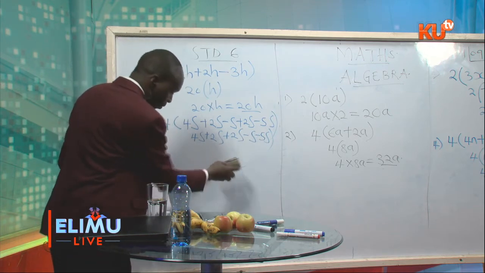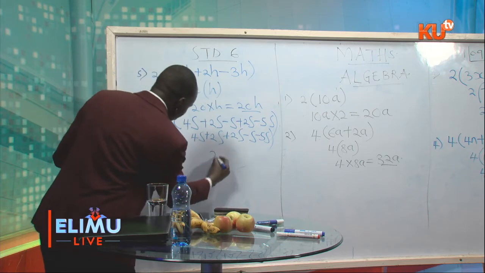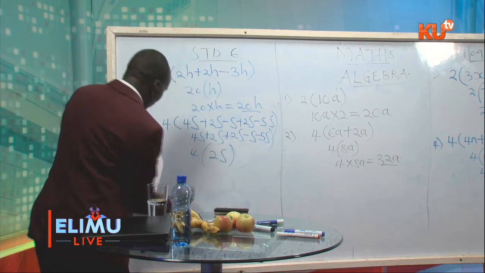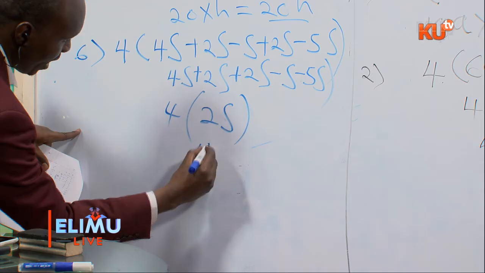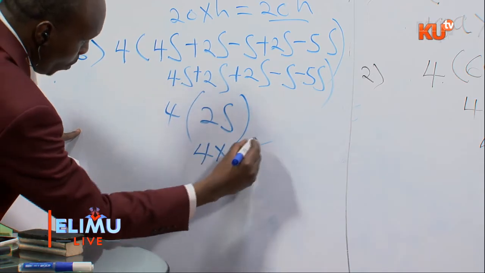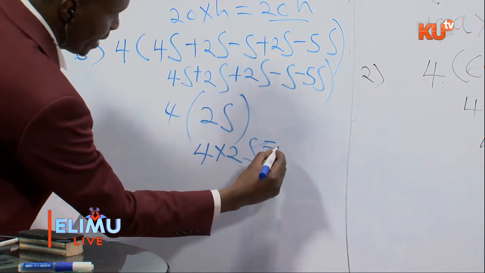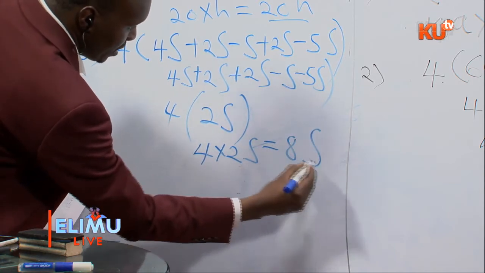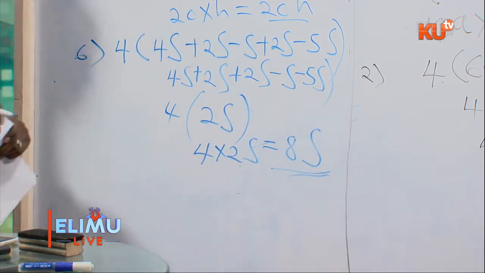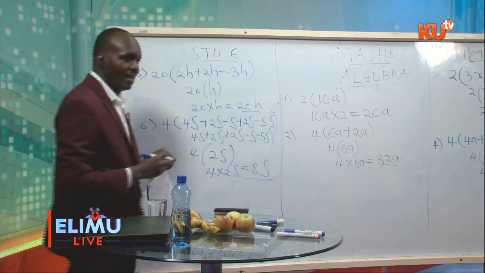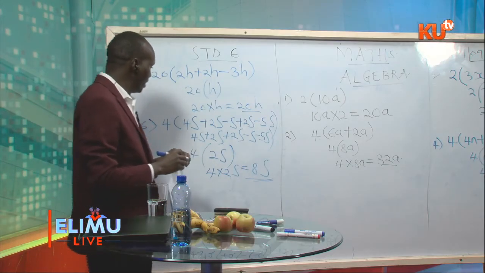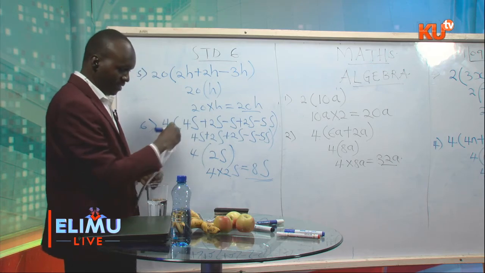So we get 2s, close the brackets, multiply by 4. So for this case, we shall have 4 times 2s. Our answer becomes 8s. Is it clear?